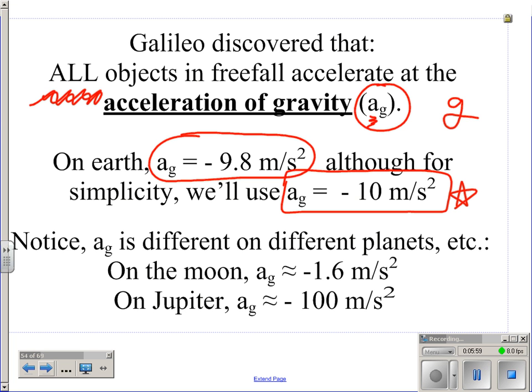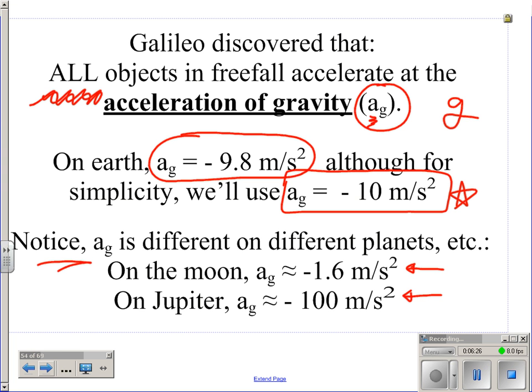Also, you should be aware that the acceleration of gravity is different on different planets. Depending on where you're at, you're going to have a different acceleration of gravity. On the moon, because the moon is a smaller body than the Earth, the acceleration of gravity is only 1.6 meters per second squared. And on Jupiter, because Jupiter is really big, the acceleration of gravity is right around 100 meters per second squared.